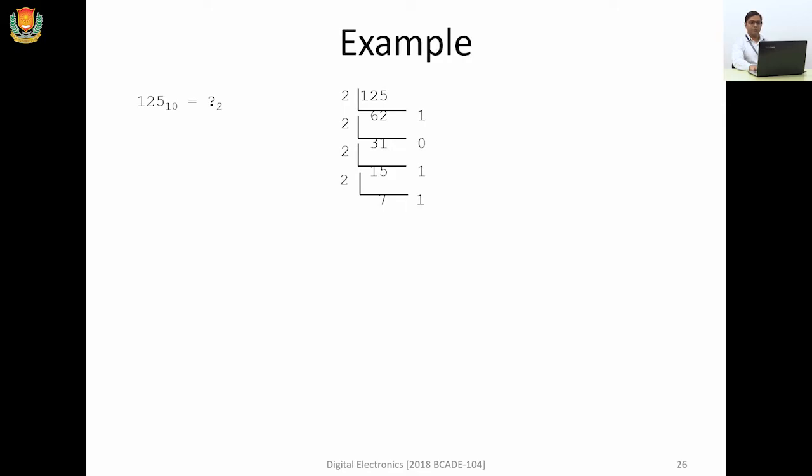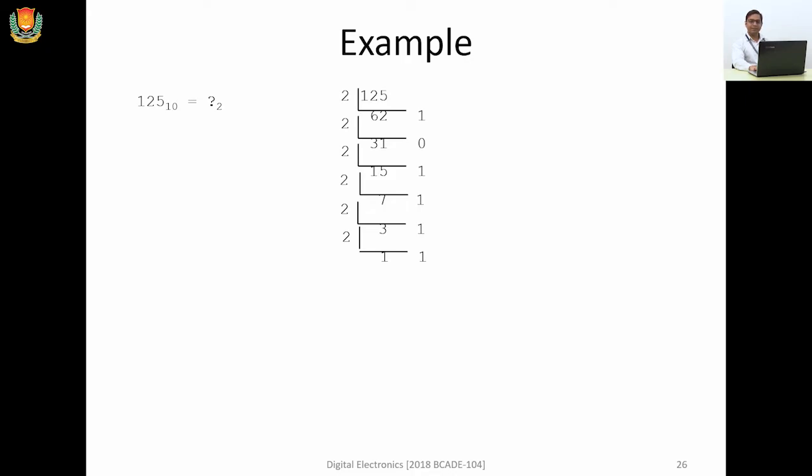Again, I am dividing 15 by 2. It is completely divisible 7 times and the remainder is 1. Again, I am dividing 7 by 2. It is completely divisible 3 times and 1 is the remainder, and I am again dividing 3 by 2.